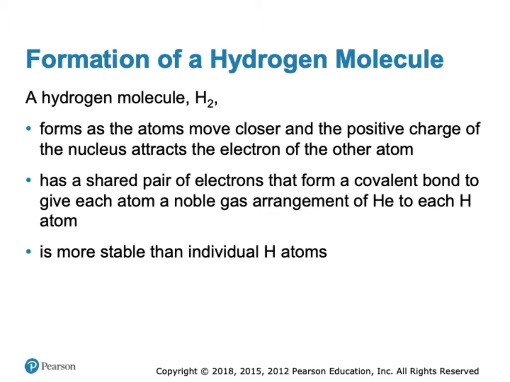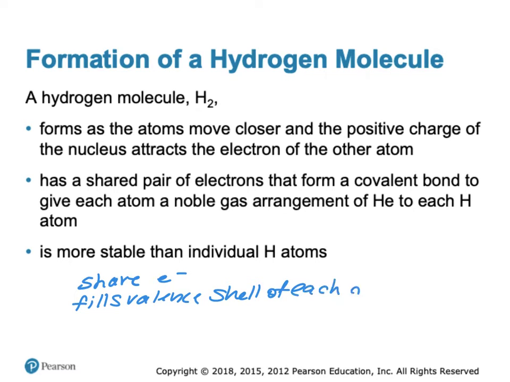The two atoms share it, and it fills the valence shell of each atom. A major theme in chemistry is achieving a very stable state, a low energy state. So if we can achieve that, then that's how a system will proceed.